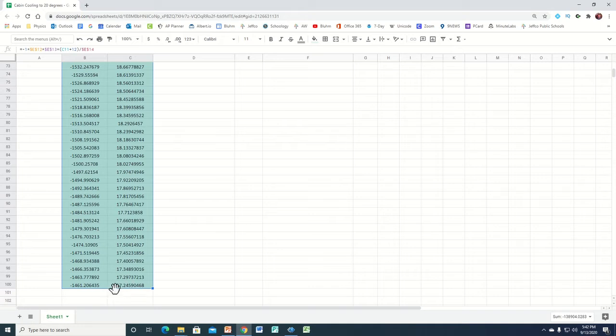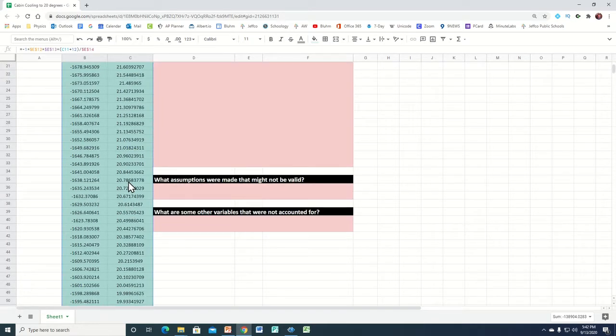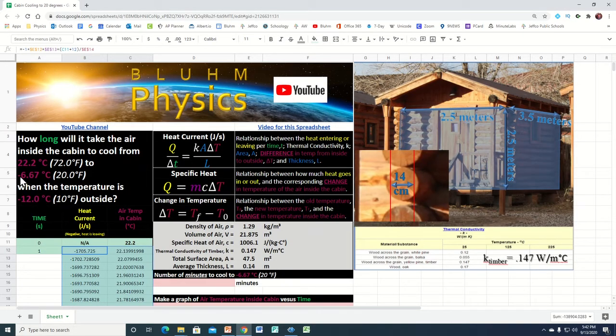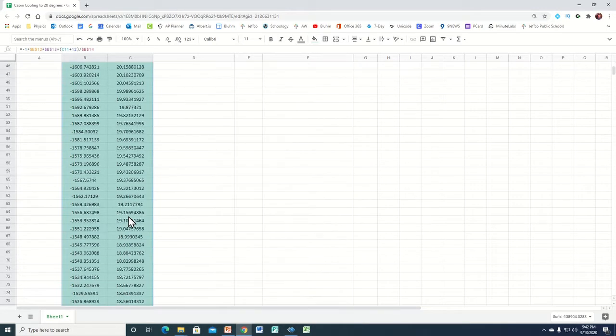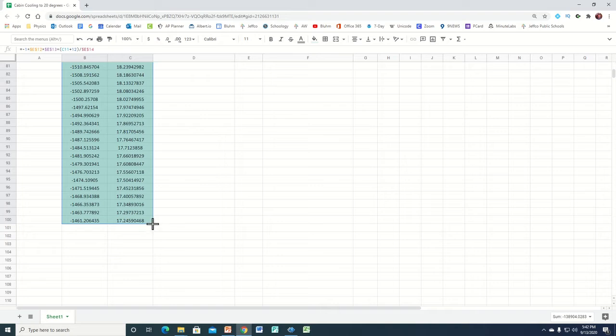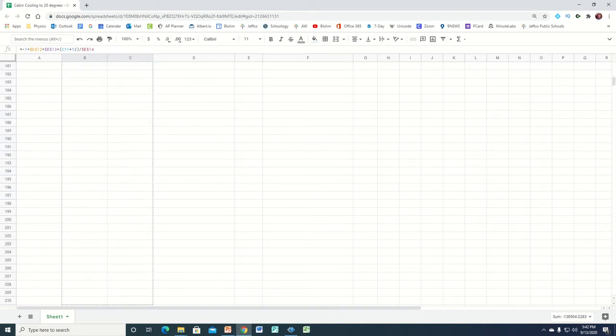We've only cooled from 22.2 to 17.2, and we're trying to get to, let me come back up here, we're figuring out how long it's going to take to get to minus 6.67. So we have to copy it down further. All right, so let's just copy it down, copy it down.